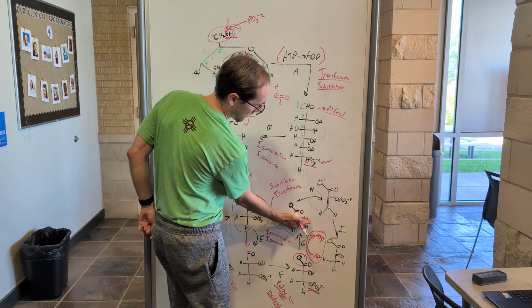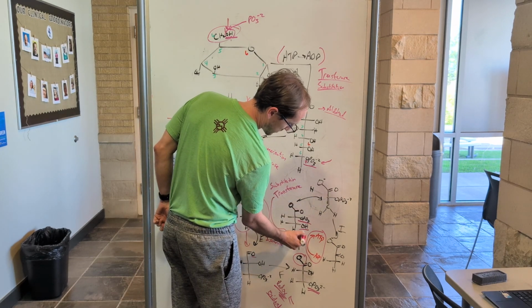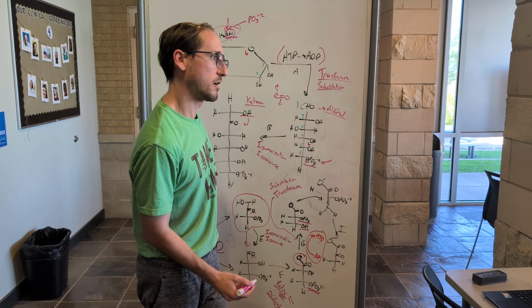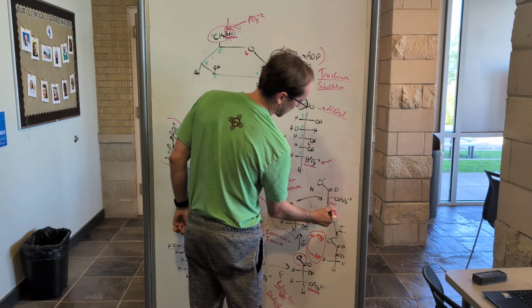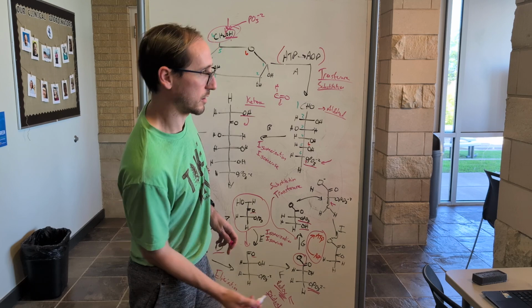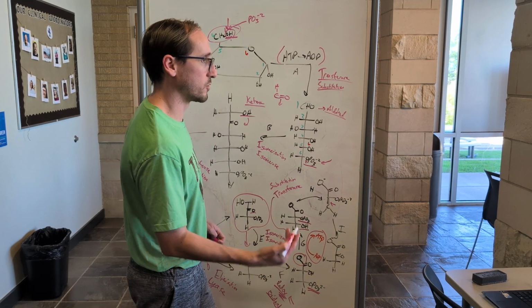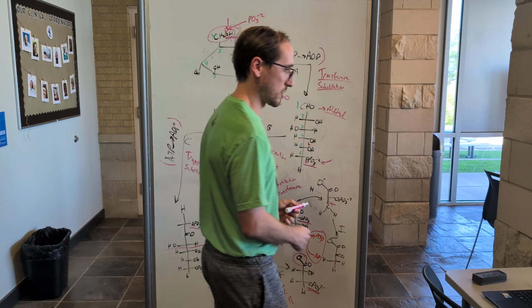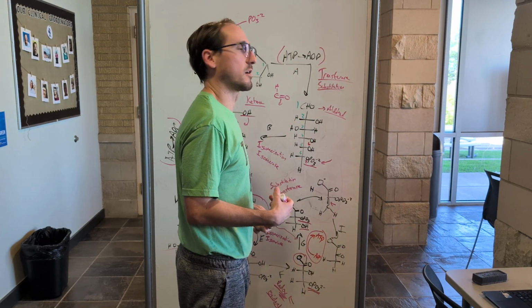The top half of this isn't really changing, but we're losing this OH group here. And in the process of losing that OH group, we're gaining a double bond for these two carbons. So if you're losing an OH group, you're going to be doing an elimination reaction.